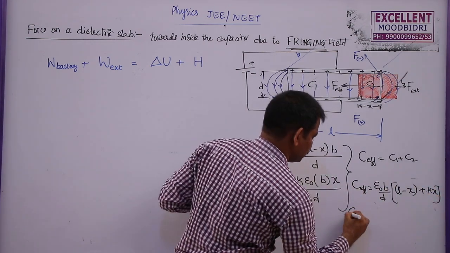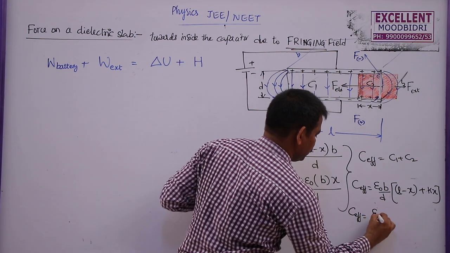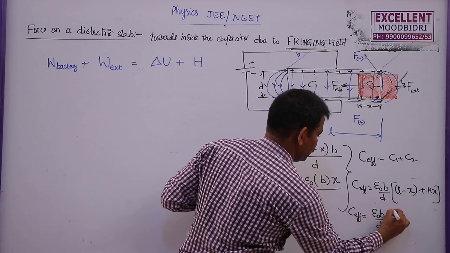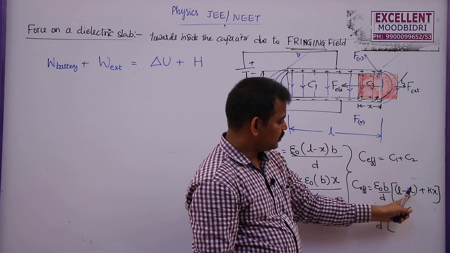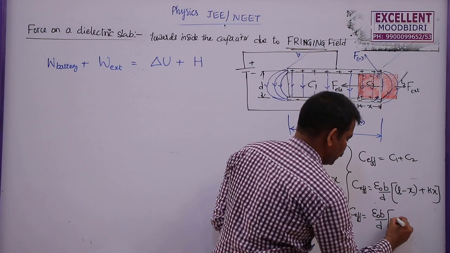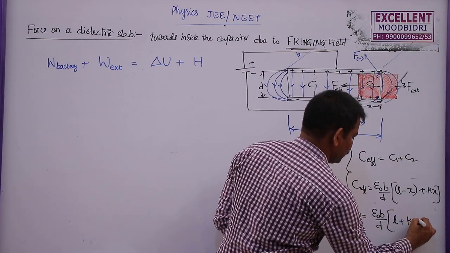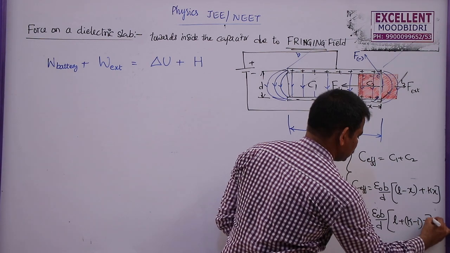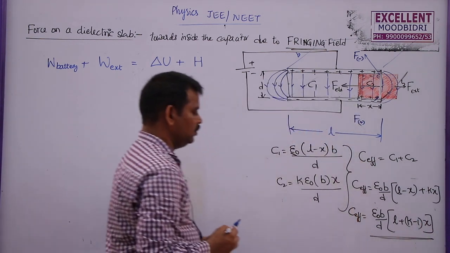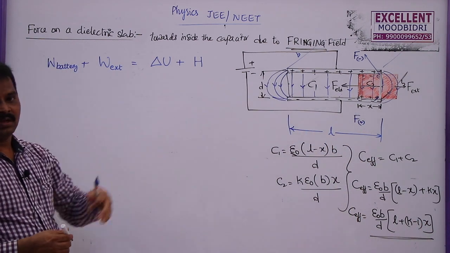This can also be written as C effective is equal to epsilon naught B by D times L minus x plus Kx. You can take x common: L plus K minus 1 into x. So this is the effective capacitance of this combination.